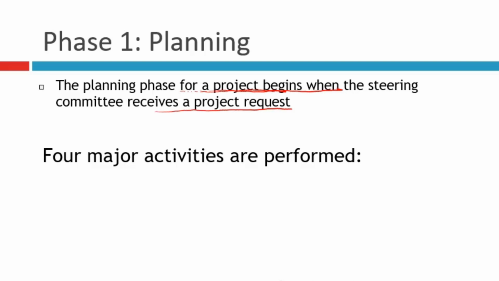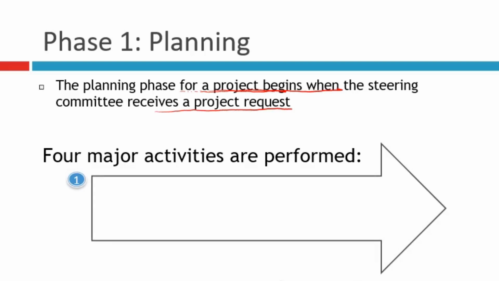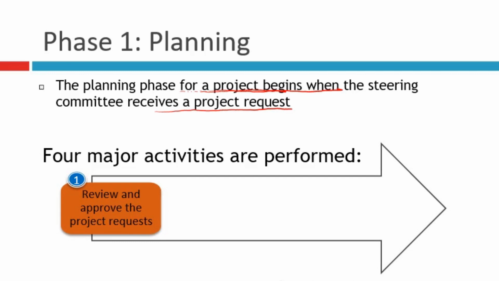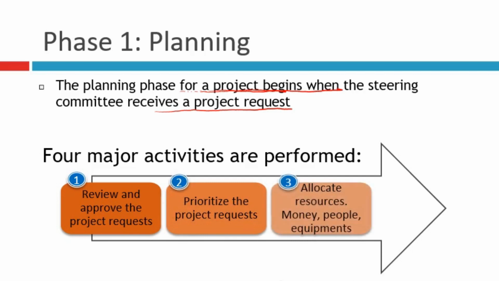So there are 4 major activities performed. Number 1 is review and approve the project request. Number 2 is prioritize the project request. Number 3 is allocate resources such as budget, the cost, how much money we need to complete the project, who are the persons involved, who are the team leader, who are the system analysts, the people, and also what is the device or hardware or the software that we need to complete the project.